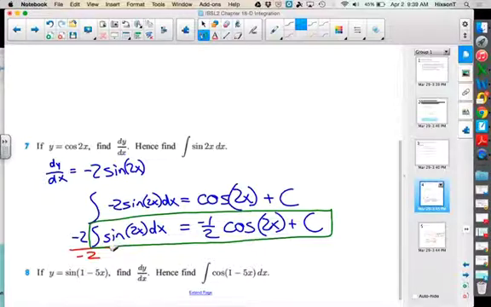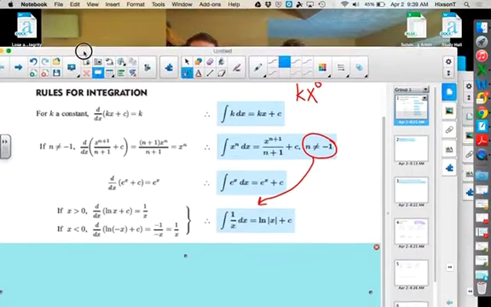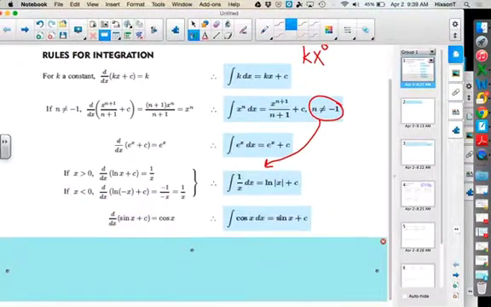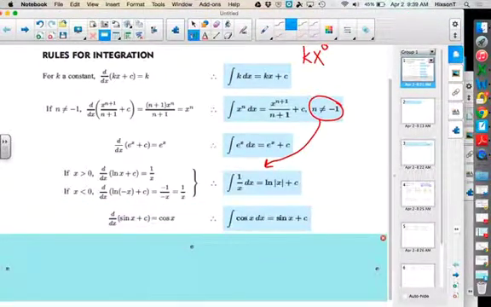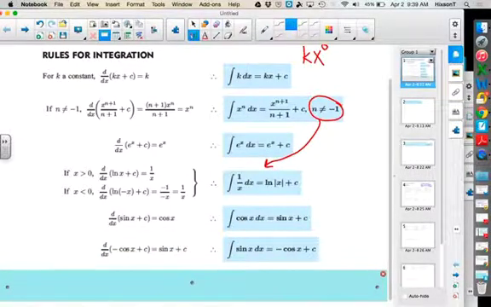So when you're taking the integral of sine, it actually ends up giving you a negative, and you get a cosine. That's one of our rules for today: the integral of cosine is a positive sine plus c, and the integral of sine is a negative cosine.